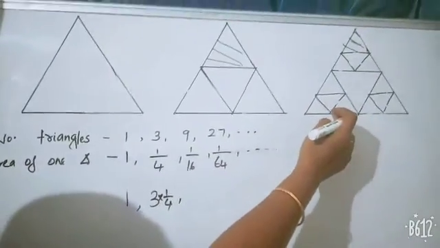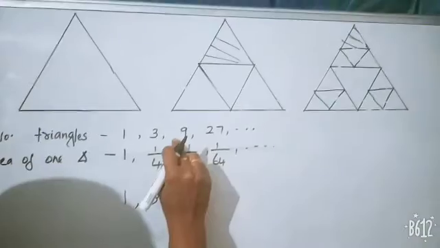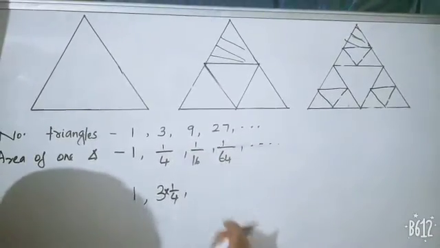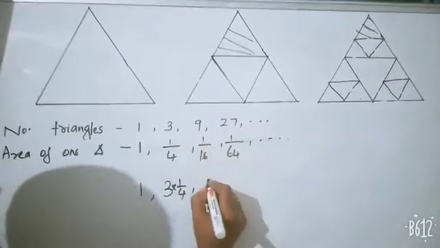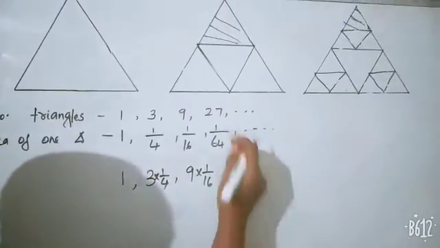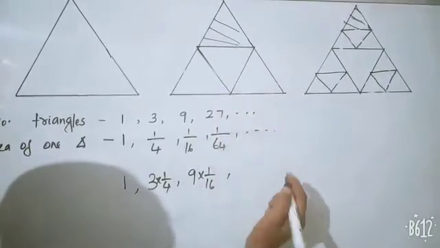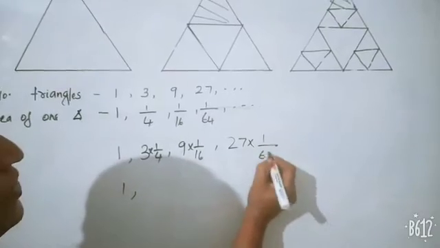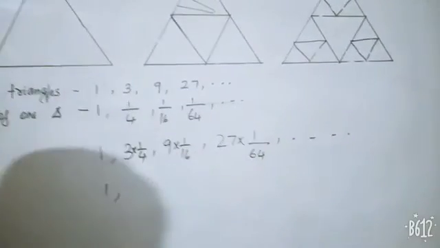The next figure, 9 triangles. Area of one triangle is 1 by 16. Total area of these 9 triangles, 9 into 1 by 16. Next, total area of 27 triangles, 27 into 1 by 64 and so on.